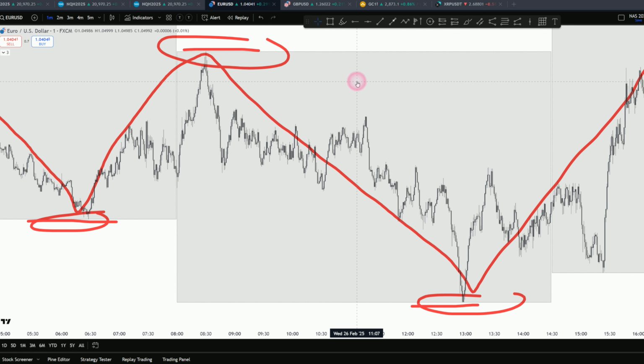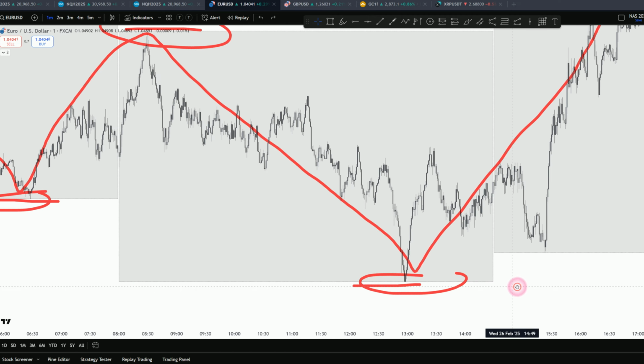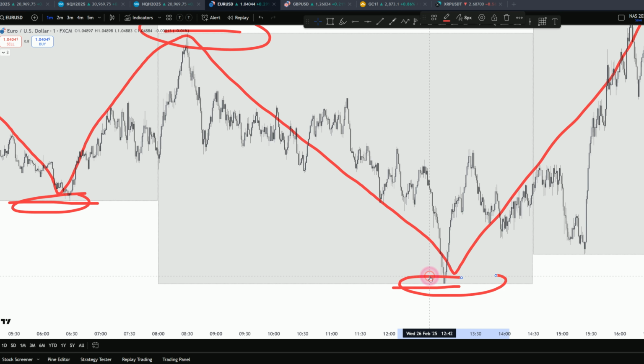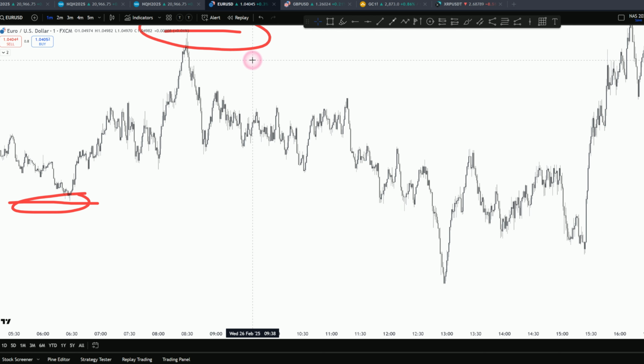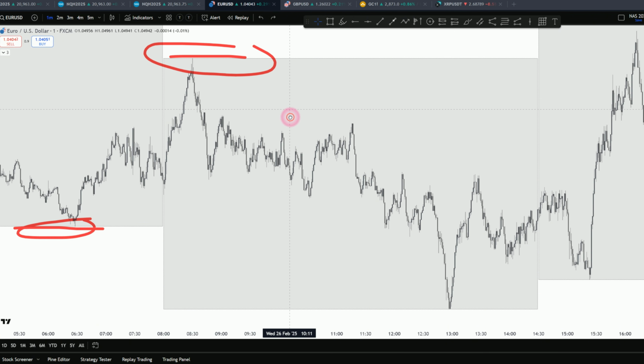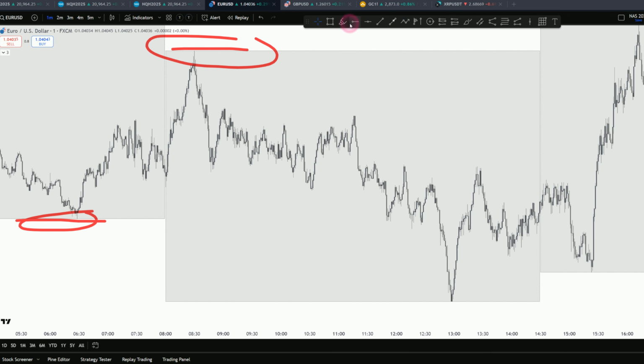If I just remove these drawings for a second, it'll probably make things a little bit clearer. Let's get rid of these ones here so we can actually see what we're doing. Okay, so I'm going to get the marker pen again. This low put in this high. So until this low is broken, we aren't having any break of structure.